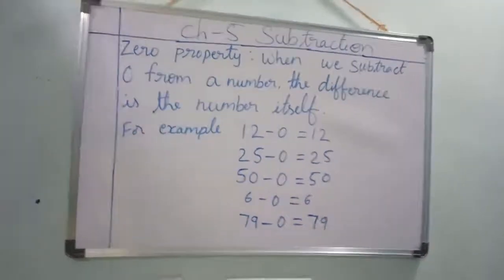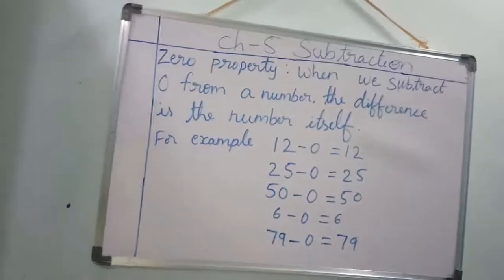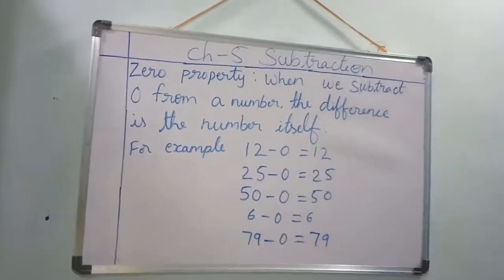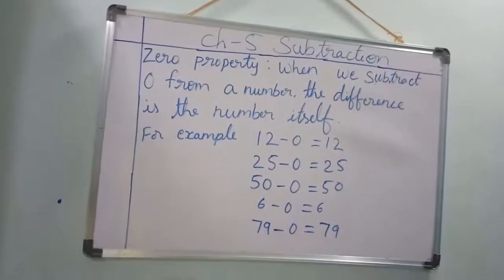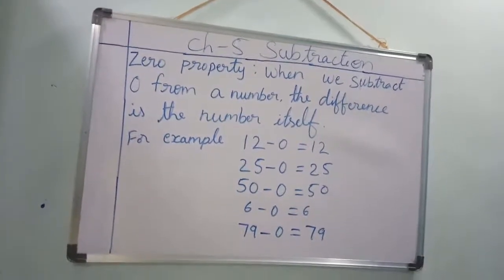Okay children, again read zero property. When we subtract 0 from a number, the difference is the number itself.